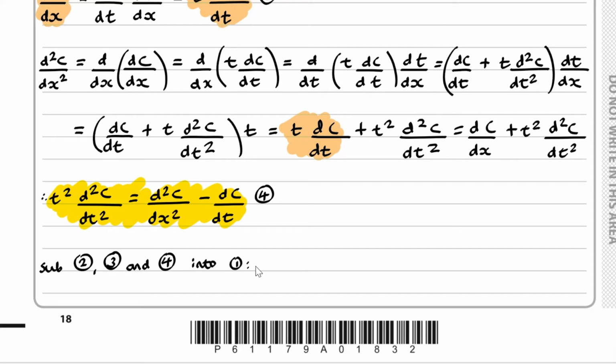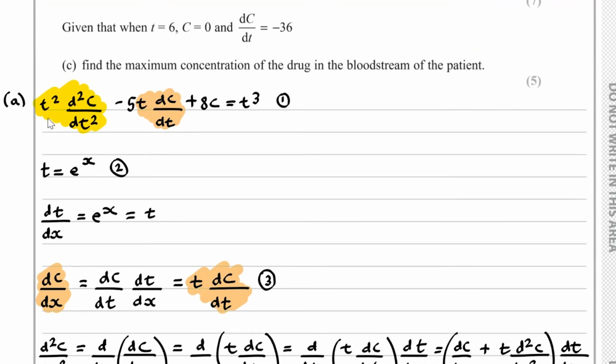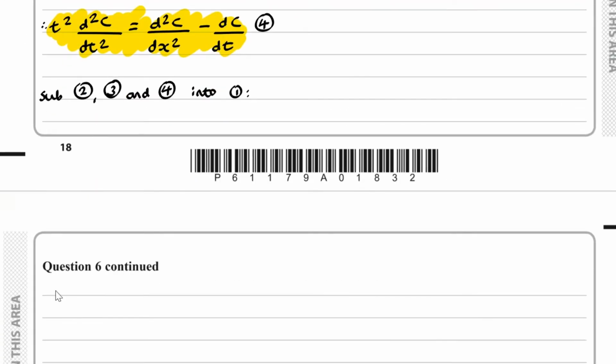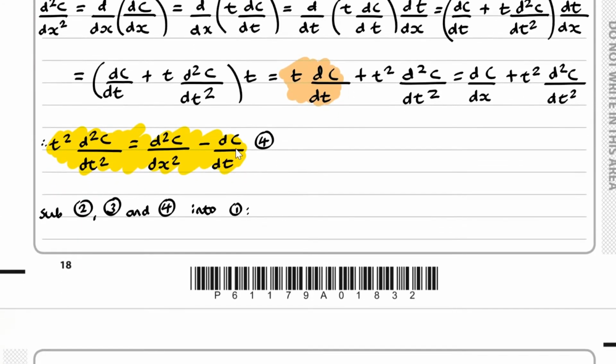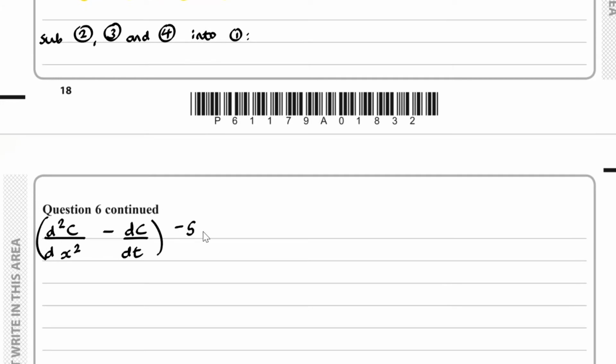into equation 1. So we have this bit in yellow, which is d squared c over dx squared minus dc over dt, and then we have minus 5 lots of this equation here, so we have minus 5 lots of dc over dx, and then we have plus 8c, and this is equal to t cubed.